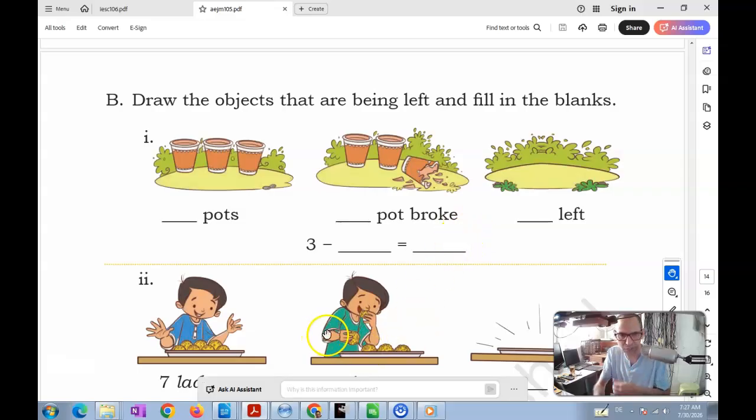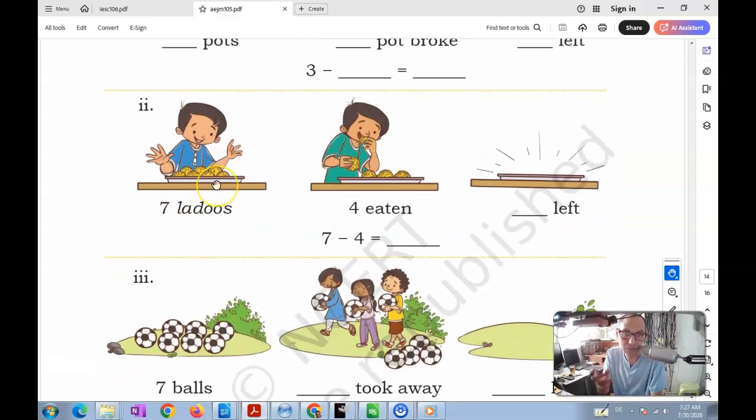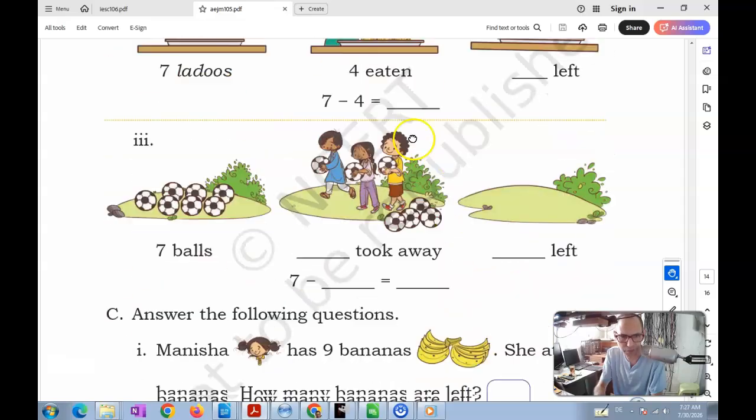You have 7 laddus. Laddu is some sort of sweet in India. So 7 laddus, you eat 4 of them, and you're left with 3 laddus. So 7 minus 4 is equal to 3.